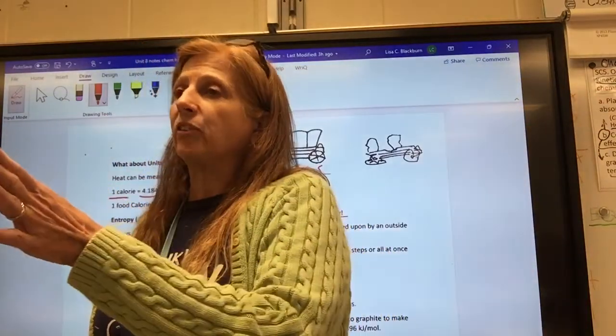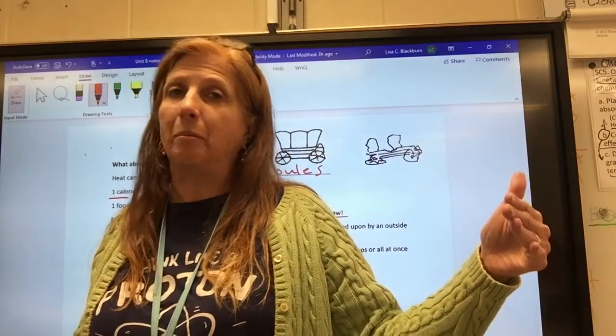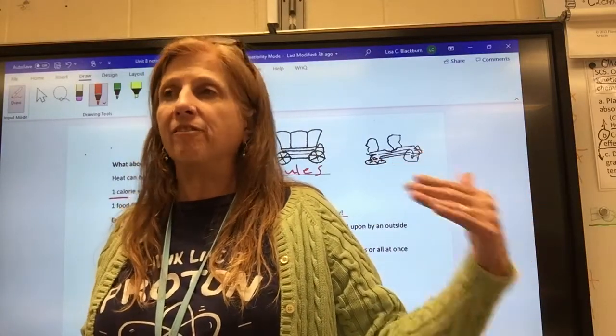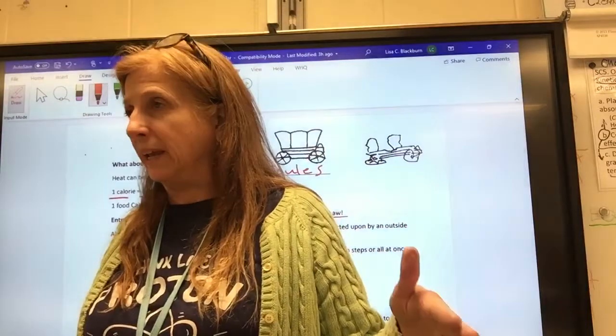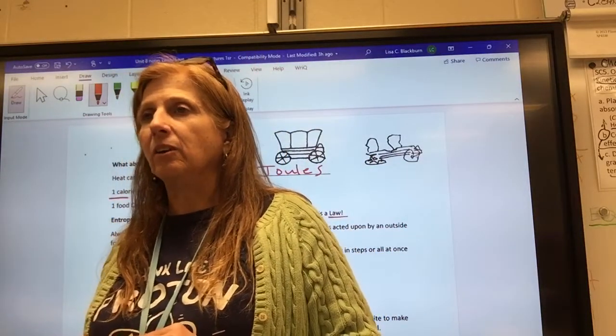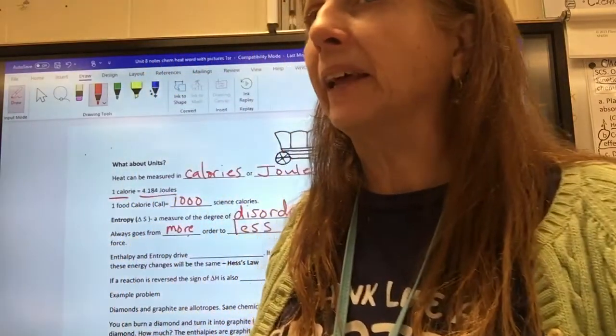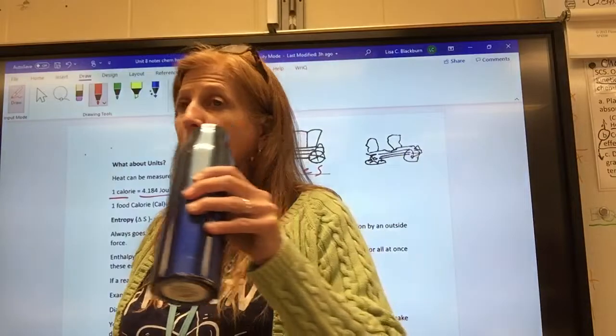Do you see how that is moving from disorder to order without being acted upon by an outside force? And it violates the law of entropy. It's also called the second law of thermodynamics. So I just always think it's a good place for me to insert the idea: we don't know everything. Don't get the idea we do, because we don't.